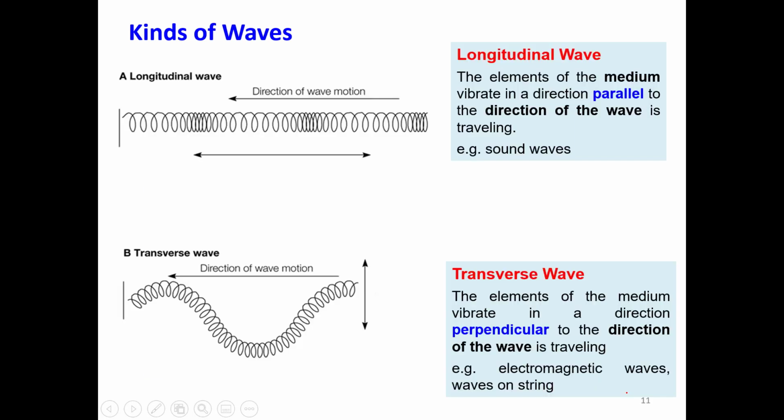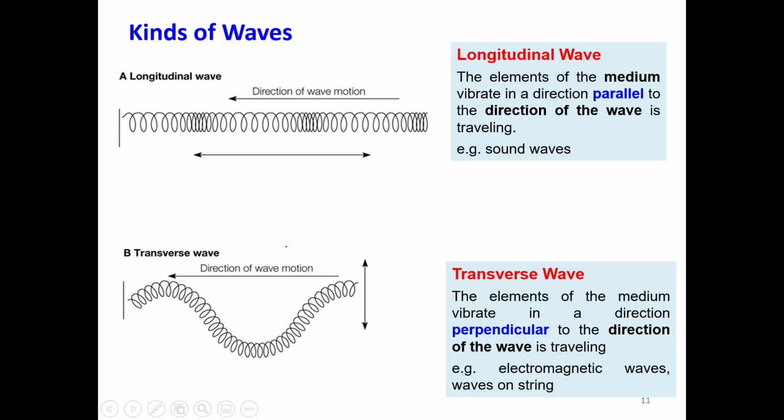Let's move to the next slide. We say there are two different kinds of waves. One is longitudinal. In longitudinal waves, the wave travels in the same direction as the particles of the medium.